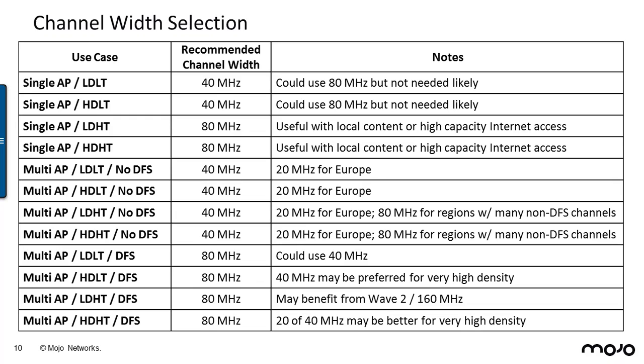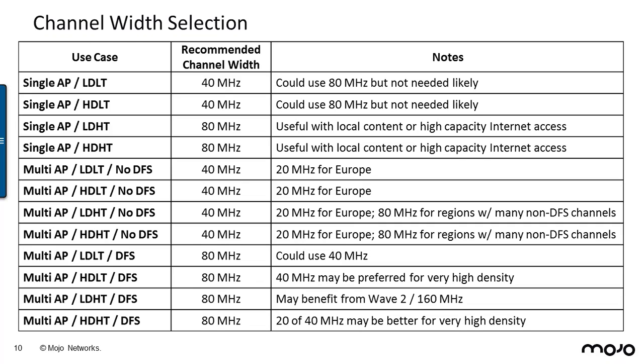Even with a single AP, if you had a very high throughput, say a gig fiber uplink, then you could benefit from using 80 megahertz if you want to fill up as much of the gig pipe as you can. So moving on to the multi-AP, we have some with no DFS channels and then some with DFS channels.